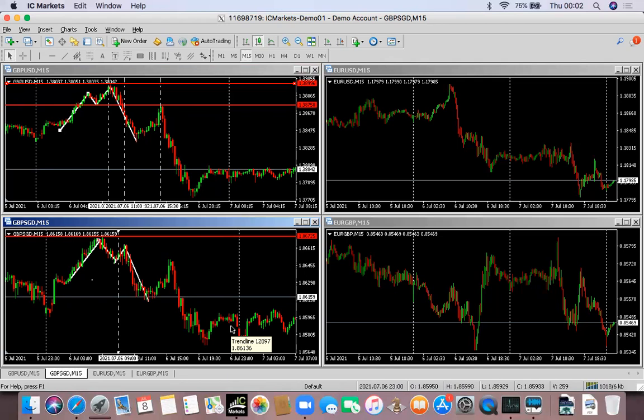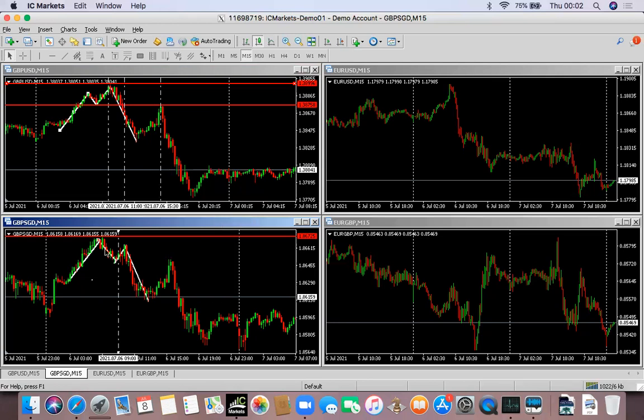On this trade, you're not looking for a break. If there was a break on this, it would be a buy. But since there was no break on GBPSGD, I'll wait for it to break this neckline and I'll take a sell.